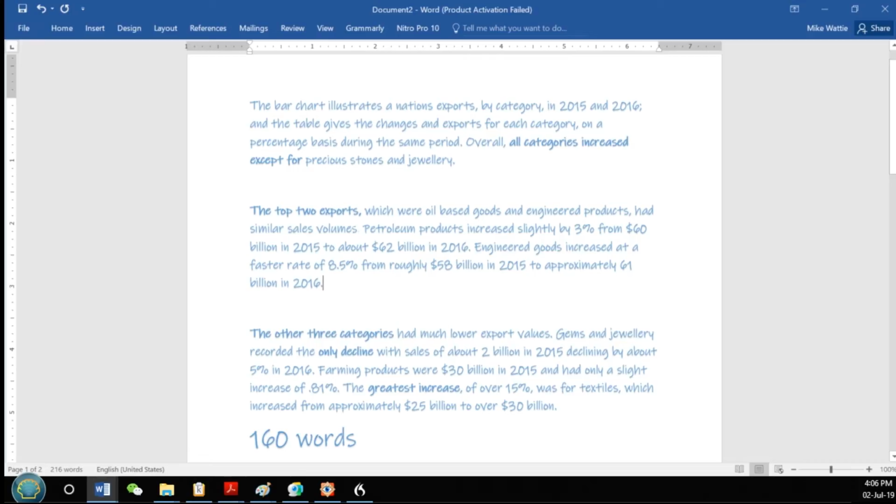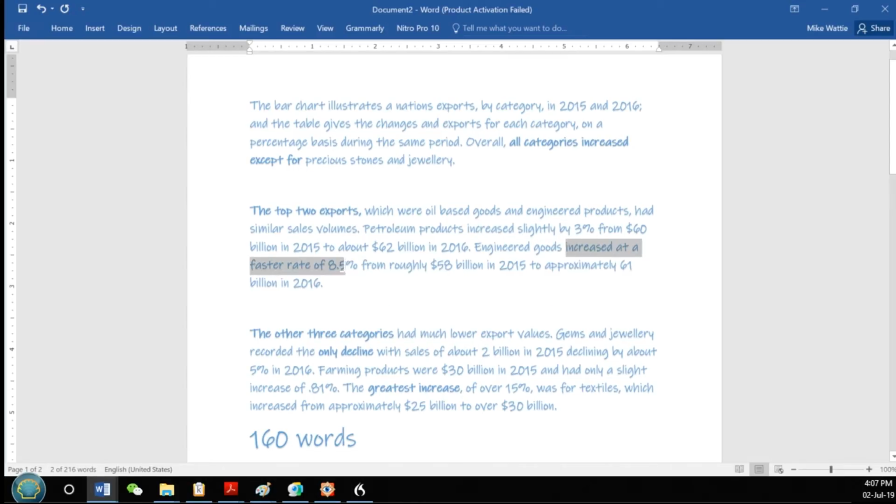Then in terms of lexical resource, we've shown some ability to paraphrase in our first sentence with things like nations and precious stones and jewelry here. We've shown we can use more precision, which helps our task response. It also helps our score for vocabulary. Rather than just saying everything increased, we've got increased slightly here, and then we've got a comparative here, increased at a faster rate.